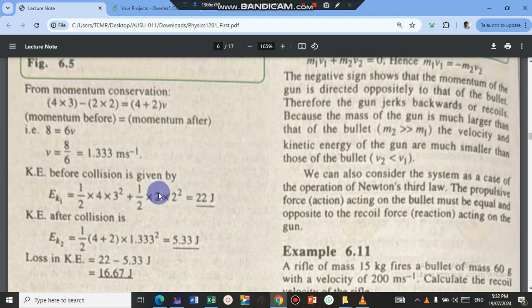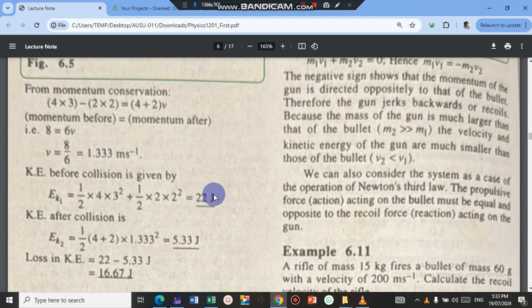So you have half 2 by 2 squared. If you are using a calculator, you simply press 0.5 times 4 times 3 squared plus another 0.5 times 2 times 2 squared, and then you press the equals sign.